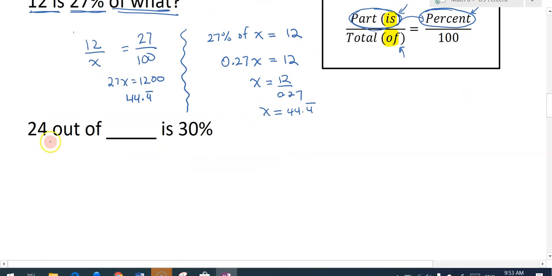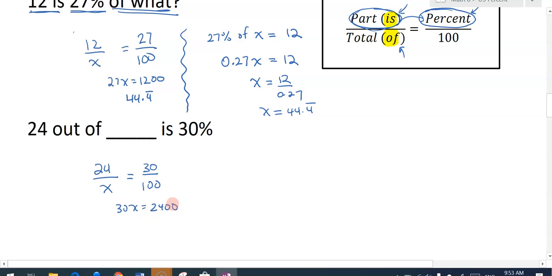So here we have 24 out of something, whoops, is 30%. So whenever you see the percent, you know the entire fraction. You know it's 30 over 100, right? That goes together always. So now again you can solve. Oh, 30x equals 2400.